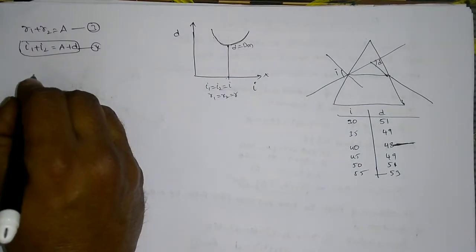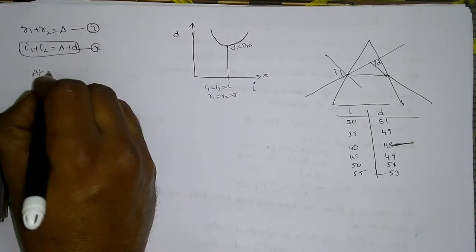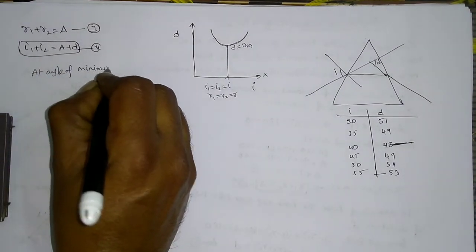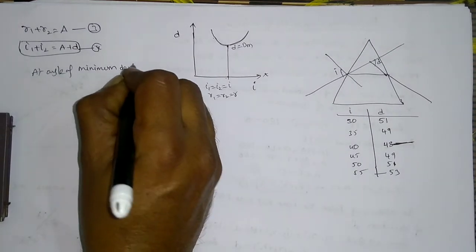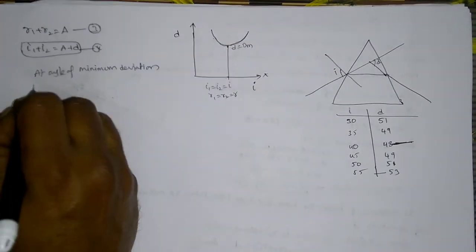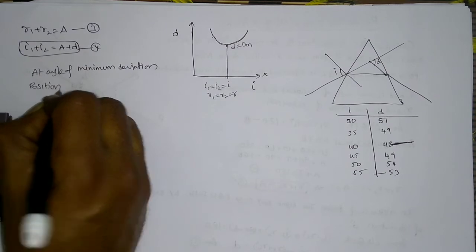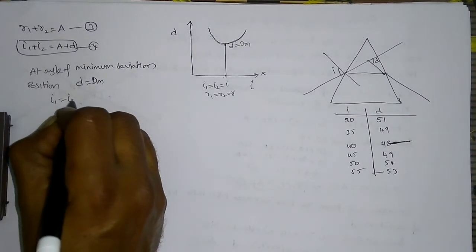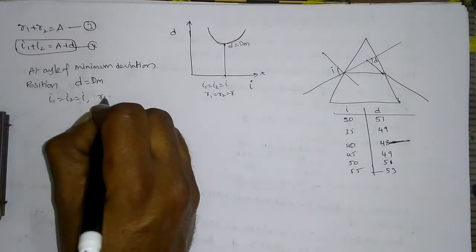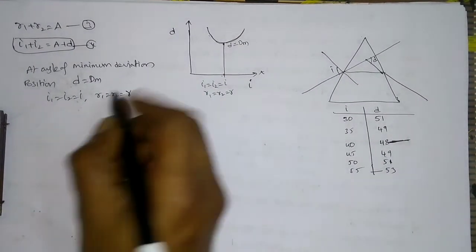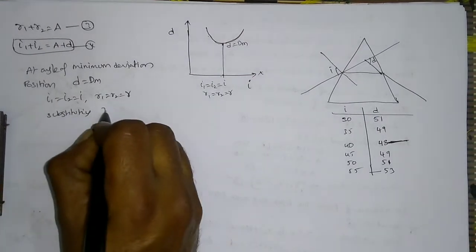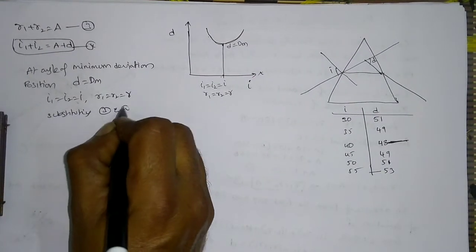So you can write here, at angle of minimum deviation, small d is equal to Dm, and I1 is equal to I2 is equal to I, and R1 is equal to R2 is equal to R. Now substituting in 3 and 4, what you will get?